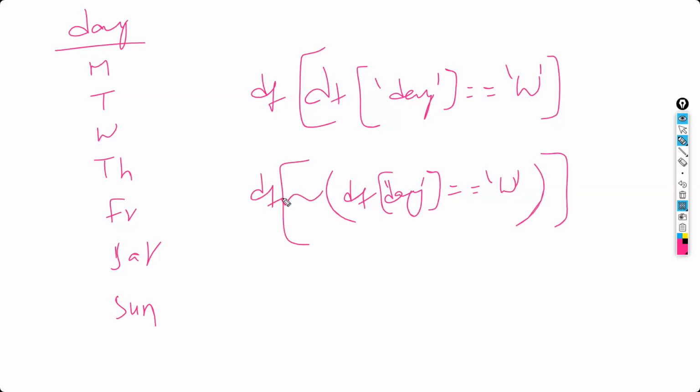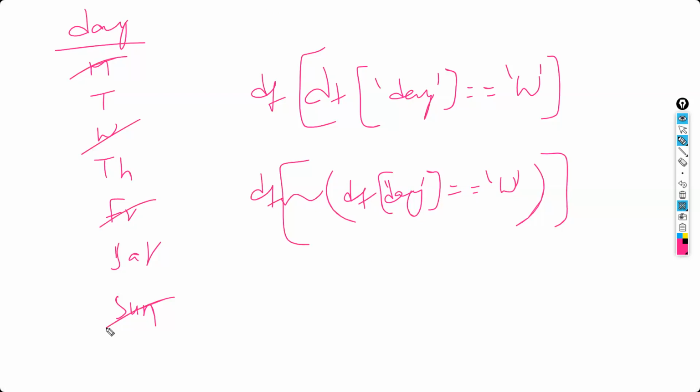Now I want the days Monday, Wednesday, Friday, Sunday. These 4 I want. Now what I have to do? Either day is equal to Monday, or day is equal to Wednesday, or day is equal to Friday, or day is equal to Sunday.